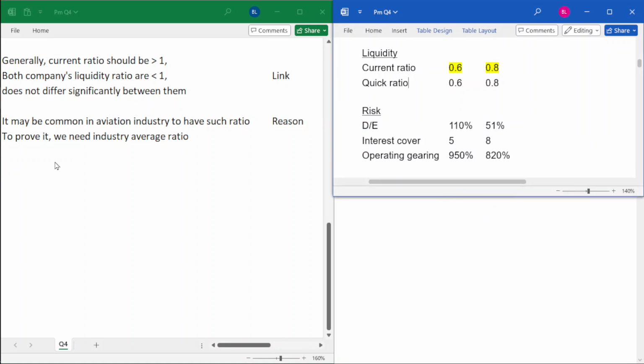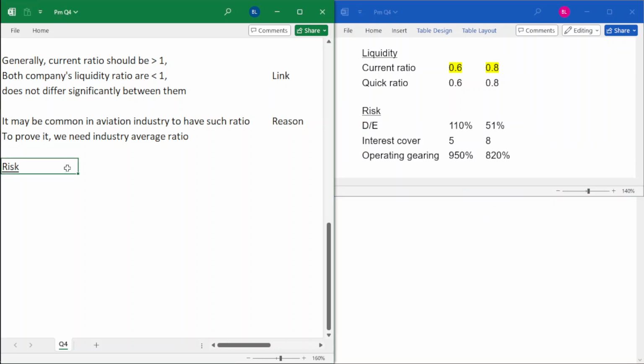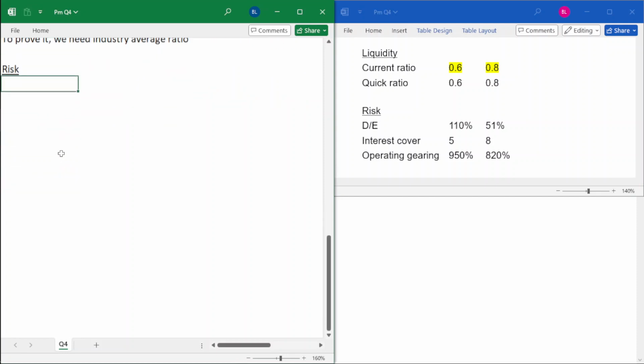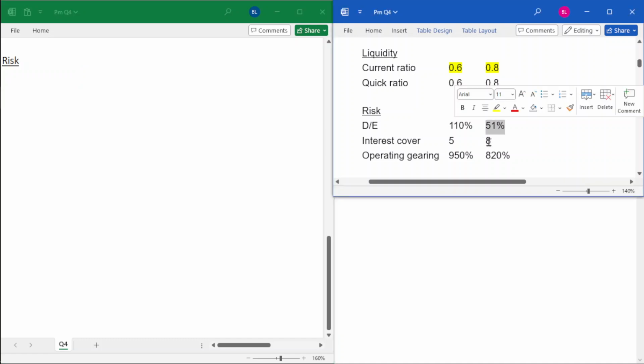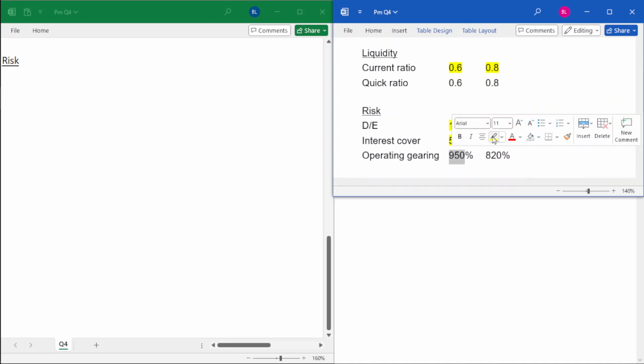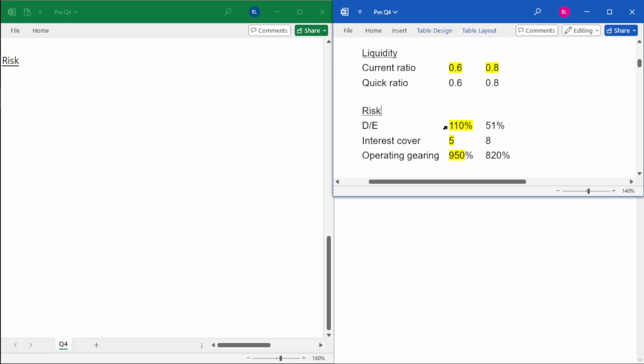Now let's talk about risk. Overall, you can see this one is more dangerous, right? More debt and then less interest cover.